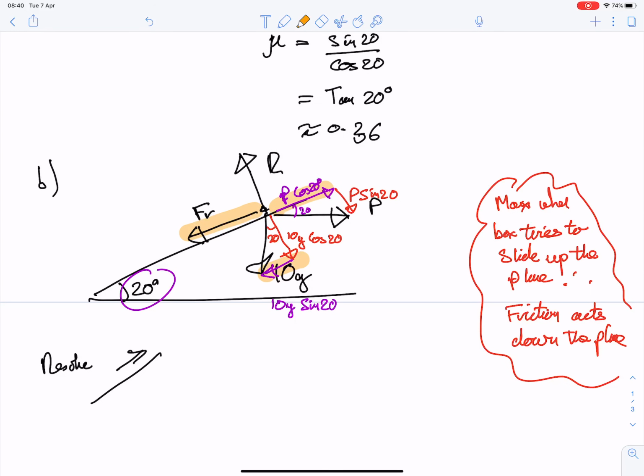Can you see any more? I can't, that's the lot, I think. So we've got P cos of 20 minus the friction minus 10g sine of 20 equals 0.